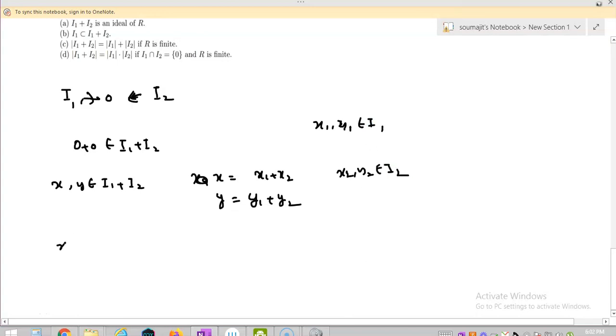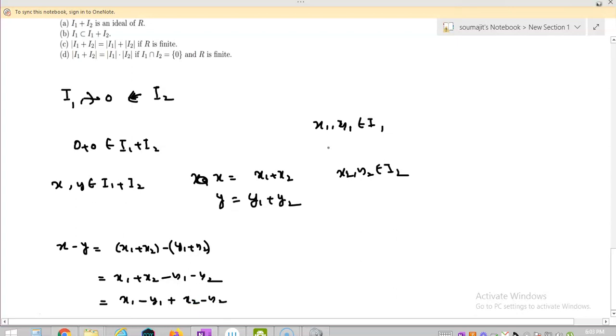Now what is x minus y? x minus y is equal to (x1 plus x2) minus (y1 plus y2). So this is nothing but x1 plus x2 minus y1 minus y2. Now as R is a ring, I know that (R, plus) is a commutative group, so I can commute the addition of x1, x2 and y1. So I can write it as (x1 minus y1) plus (x2 minus y2).